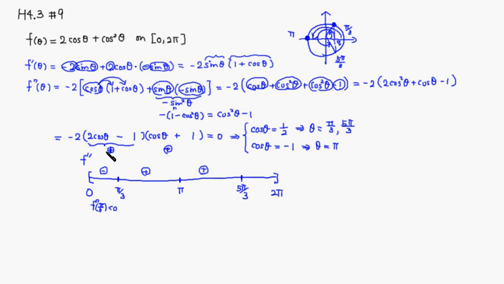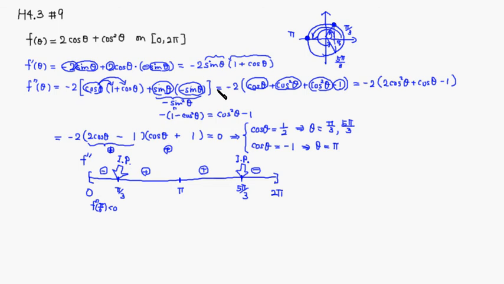So it's going to be positive, so it's going to be negative there. Alright, so you can see that concavity change only occurs right here. So there's going to be an inflection point there. And the concavity change occurs right here. So it's going to be an inflection point there.